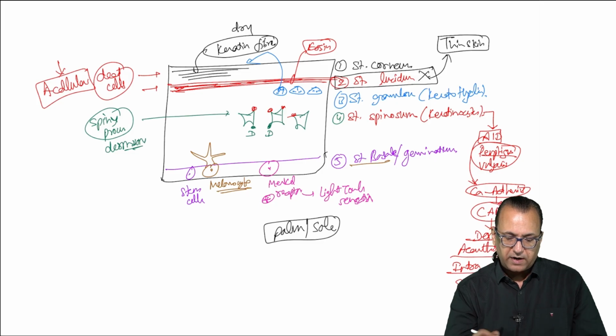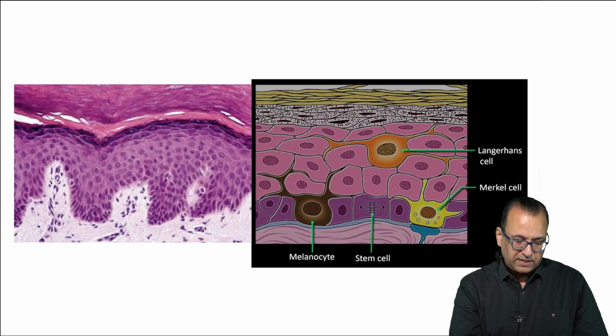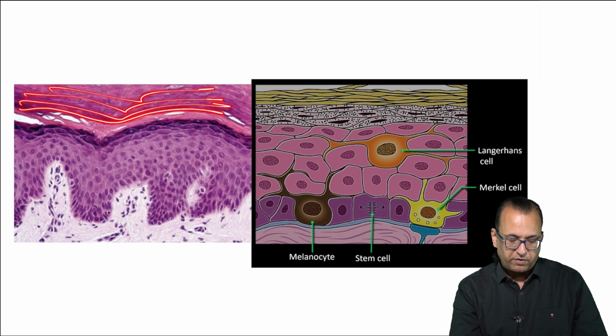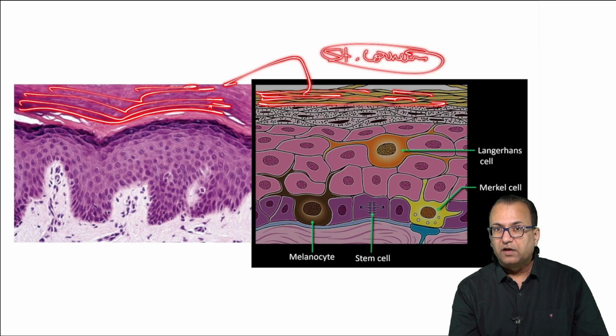Now let us look at a diagram also, a schematic diagram and histological diagram, to identify the structures. You have to understand that this all is keratin. So stratum corneum, the first layer, is a dead acellular layer.